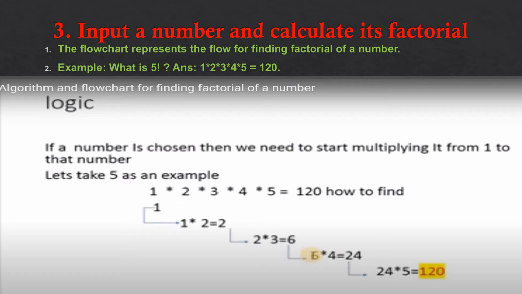The answer is 1 multiplied by 2 multiplied by 3 multiplied by 4 multiplied by 5 equals 120. So 5 factorial equals 120. That is the logic: we multiply 1 with 2, and the answer is 2. Then multiply 2 with 3, the answer will be 6, and so on. Multiply 6 with 4, and then 24 multiplied by 5 equals 120.